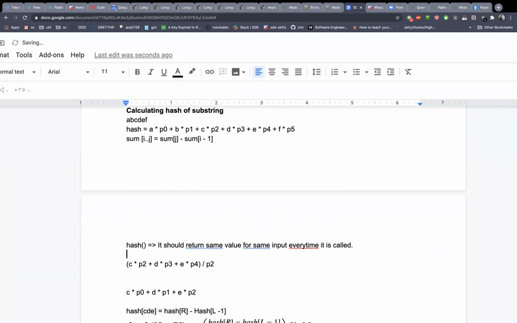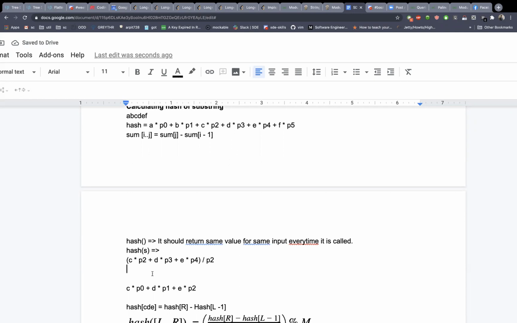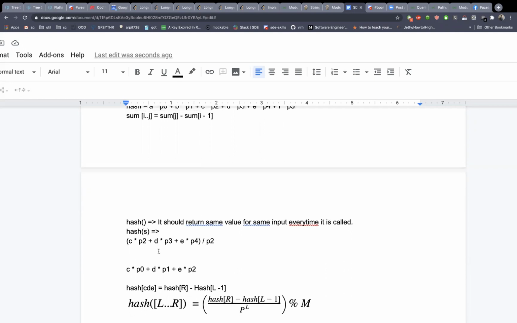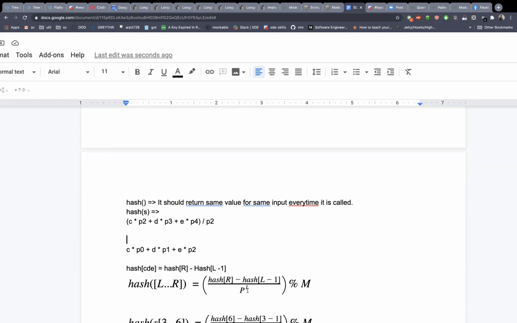So if I call hash of s, it should always give me the same value. Now we know that the hash of CDE is C into P raised to 0, D into P raised to 1, and E into P raised to 2. If we don't divide by P raised to L, and we encounter this part later in the array, it will give us P^8, P^9, and P^10.